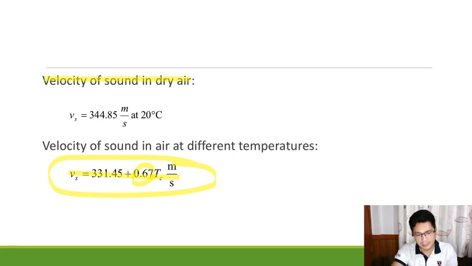Pero para lang mapadali, meron tayong approximation na ganito. Baka magulat kayo kapag nag-review kayo, iba yung lalabas, pero okay lang yun. The point is, habang nag-increase yung temperature, bumibilis din yung velocity ng sound natin.